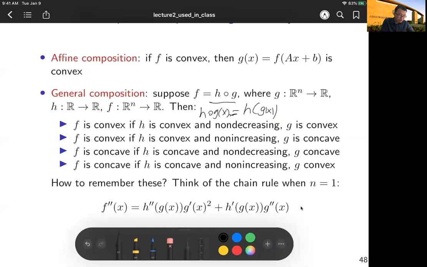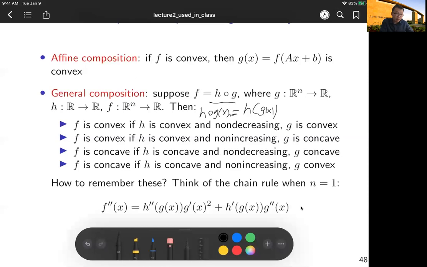The general rules dealing with these compositions involve checking the convexity and monotonicity of h and the convexity of g in order to tell whether the composed function f is convex or concave, right? It is a little bit difficult to remember. I keep coming back to these slides whenever I need to apply these rules.